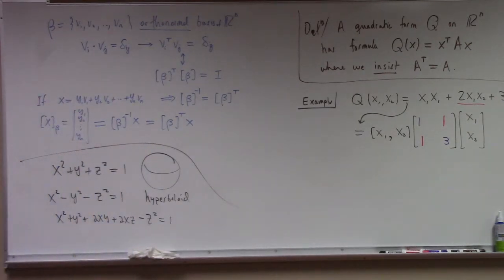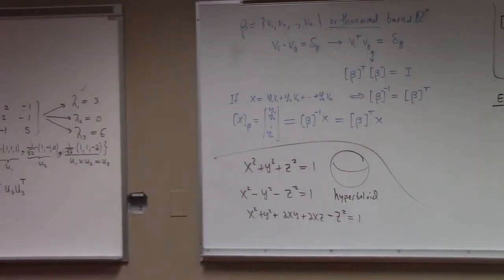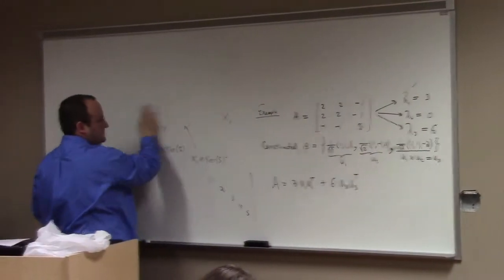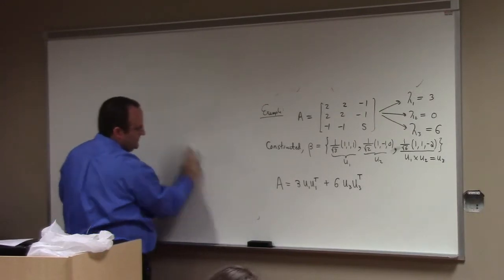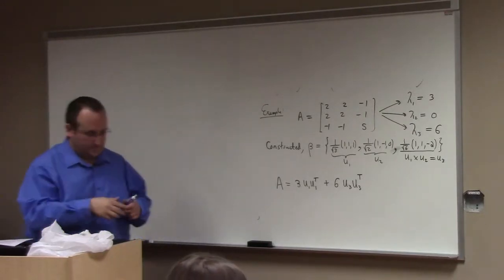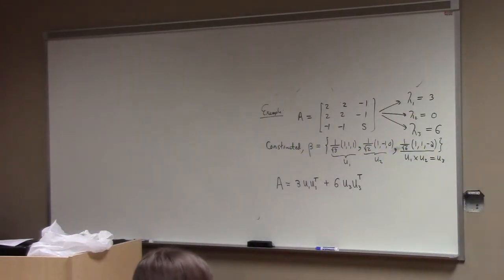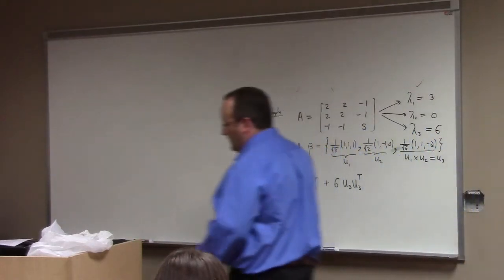Right? So let's just look at a generic quadratic form here for a bit. And then I'll get back to my examples. It won't be long. I'll say something about these examples, which is quite beautiful. So let's see here.